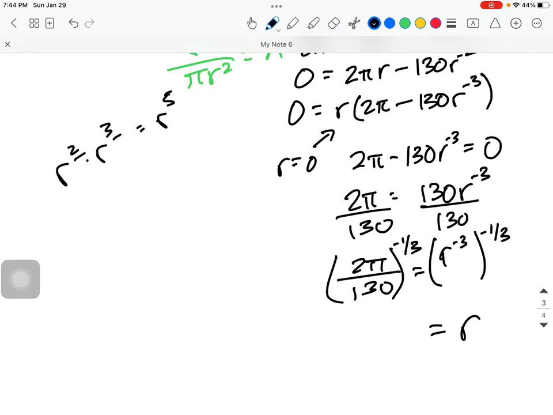So I'm going to try to go 2 pi divided by 130, which is again a really small number, and then take it to the negative 1/3 power.